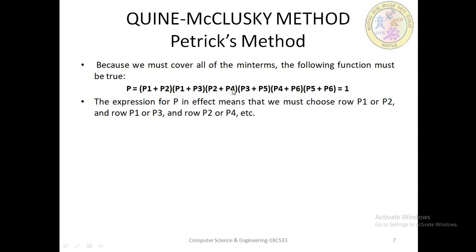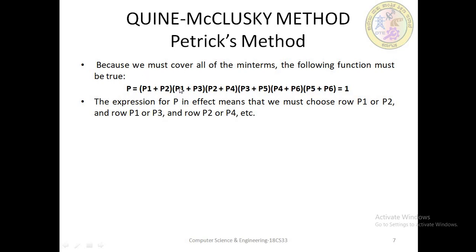We have to take a common term between the adjacent terms here. If you take this one, what is the common? P1 is common, plus, and you can still resolve it one step further.